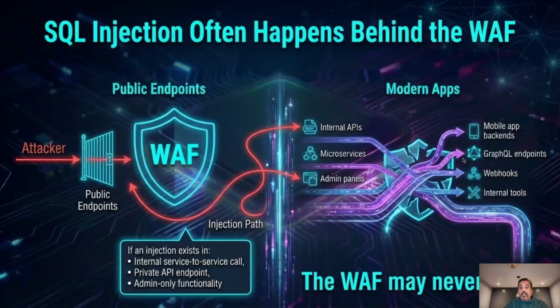So if an injection exists in an internal service to service call, a private API endpoint, or admin only functionality, the WAF never sees those things, and if it doesn't see them, it cannot protect them. So if someone says to you, if we have a WAF, why would we need SQL injection mitigations? These are all the reasons you need to implement the mitigation techniques for SQL injection, even if you have the WAF in place.